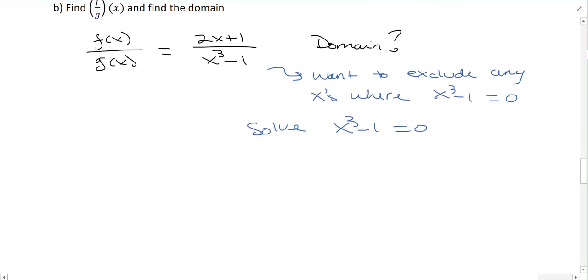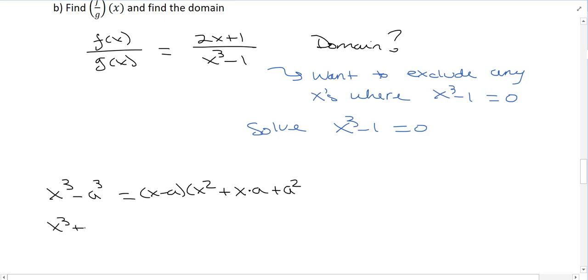We may have forgotten them, we may have them handy in our memory, so wherever we are, let's remind ourselves. x cubed, when you have minus a cubed, this factors into x minus a, and then x squared plus xa, and then plus a squared.